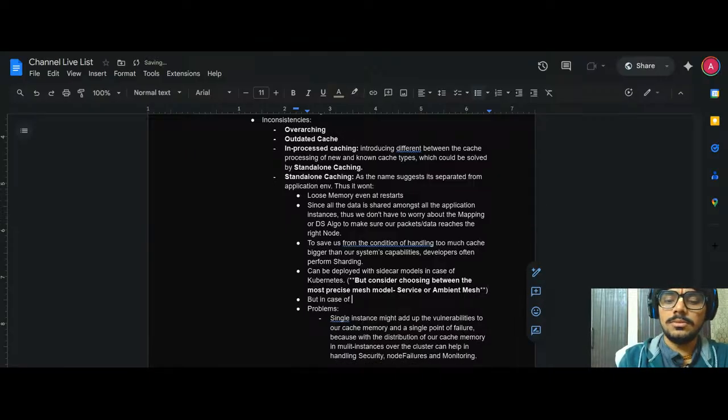But in the case of a sidecar, not sidecar specifically, he didn't specifically mention sidecars, I guess, right? Separate component, that's all he said.